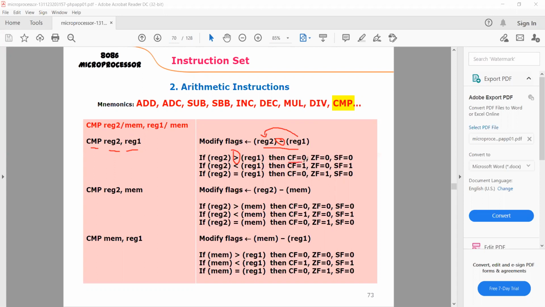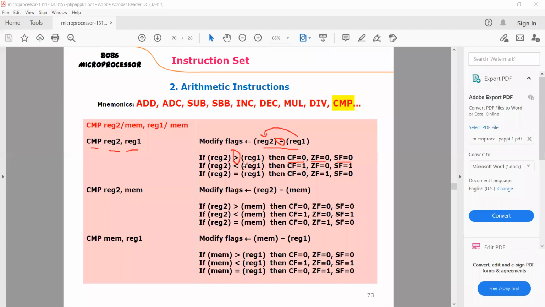The carry flag will be 0, the zero flag will be 0, and the sign flag will also be 0. So by identifying the flag register, you can identify the comparison here.